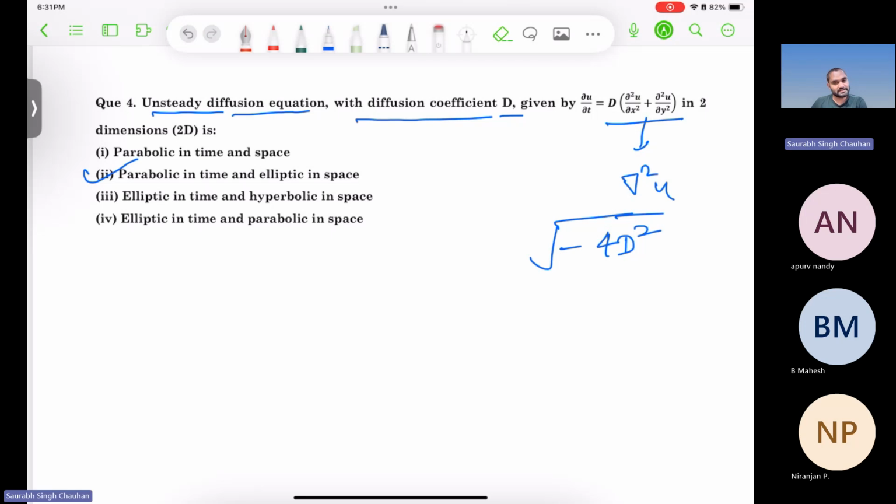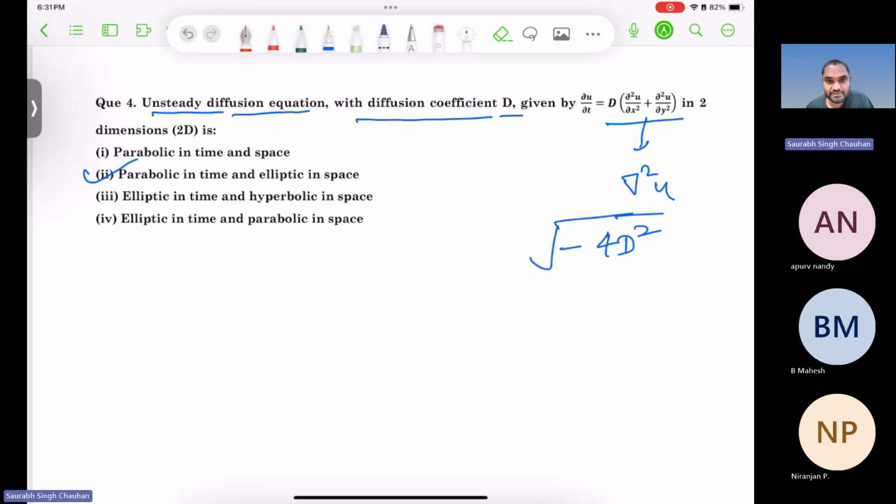So which type of solution this equation will have if you write the solution of this? Exponentially decaying, right? It will have exponentially decaying solutions, right?